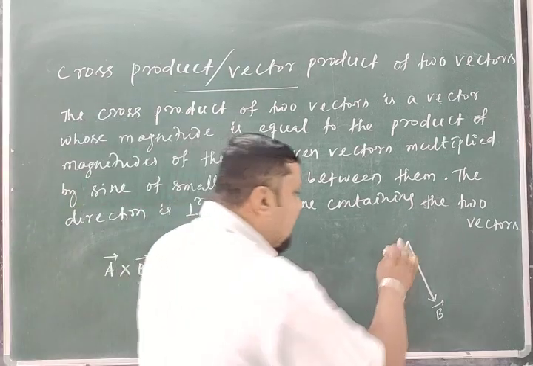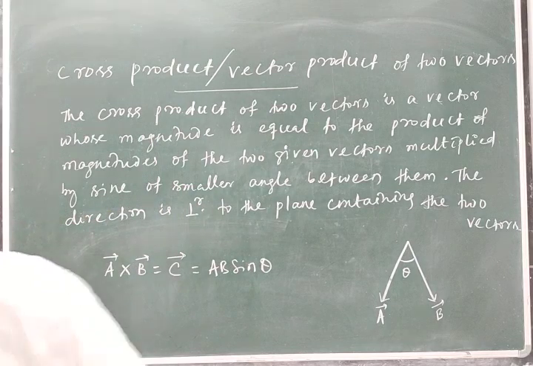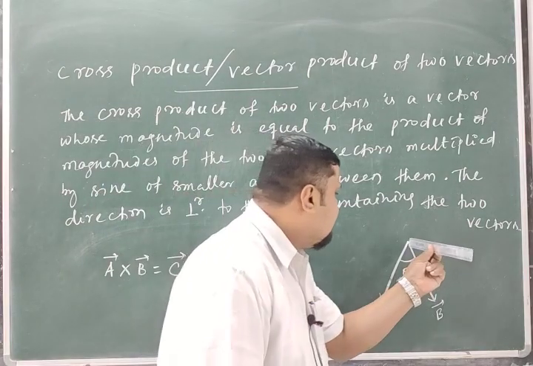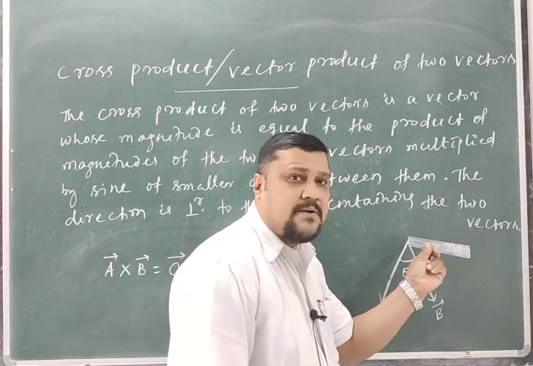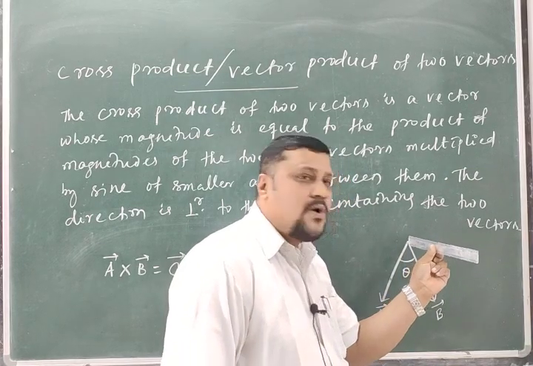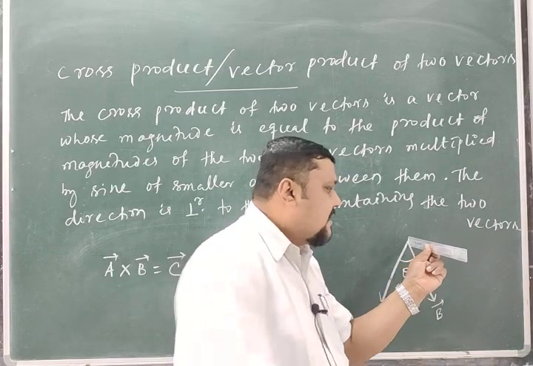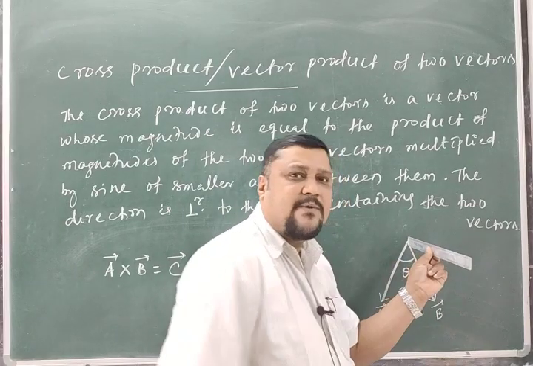Imagine a plane perpendicular to this one. So this is a vector which is perpendicular to this plane. So C is a vector whose direction is perpendicular to the plane.